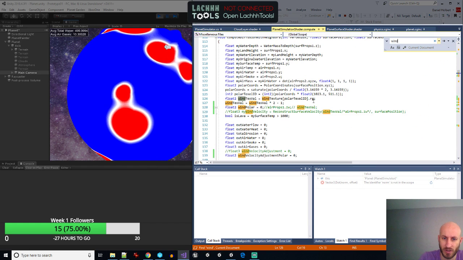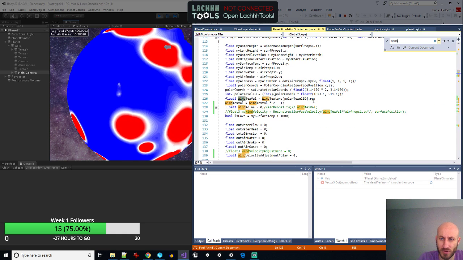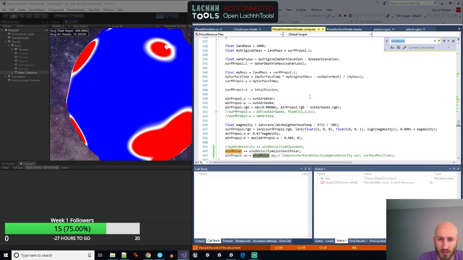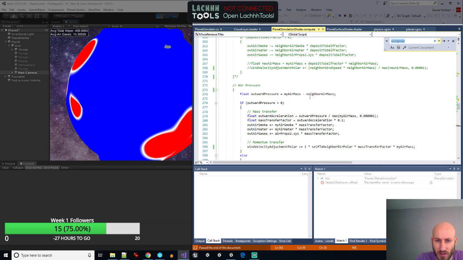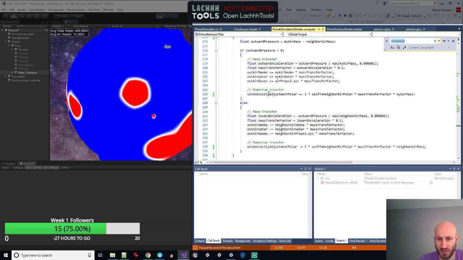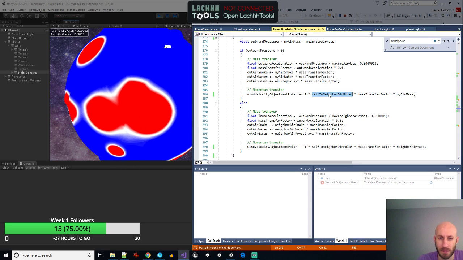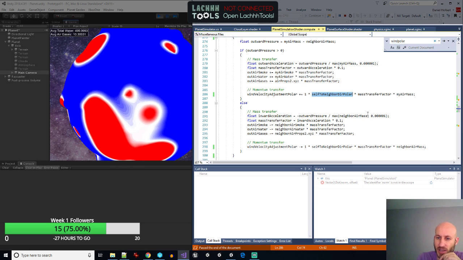It's called wind adjustment, I think. Let's just look for wind polar. Okay, so here's all my air pressure calculations, and I'm updating the wind speed based on the direction between the different points I'm simulating.